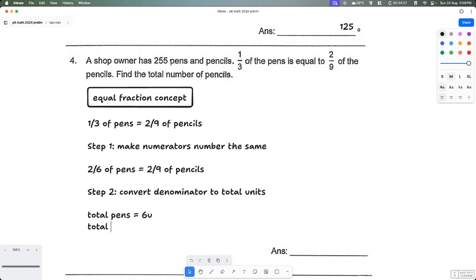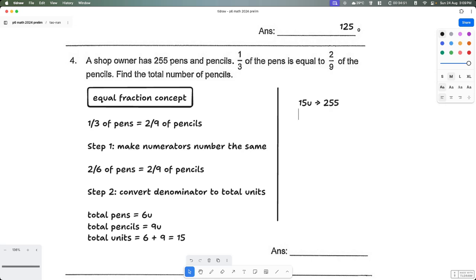Then total pencils is equal to 9 units. Right. Okay, so from there we can know the total now. So total units is equal to 6 plus 9, and this is equal to 15, right? So that means 15 units is equal to 255.